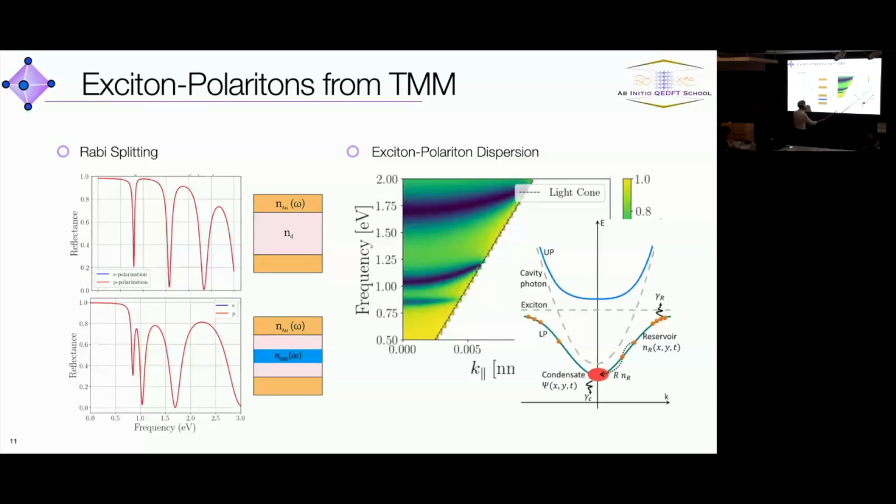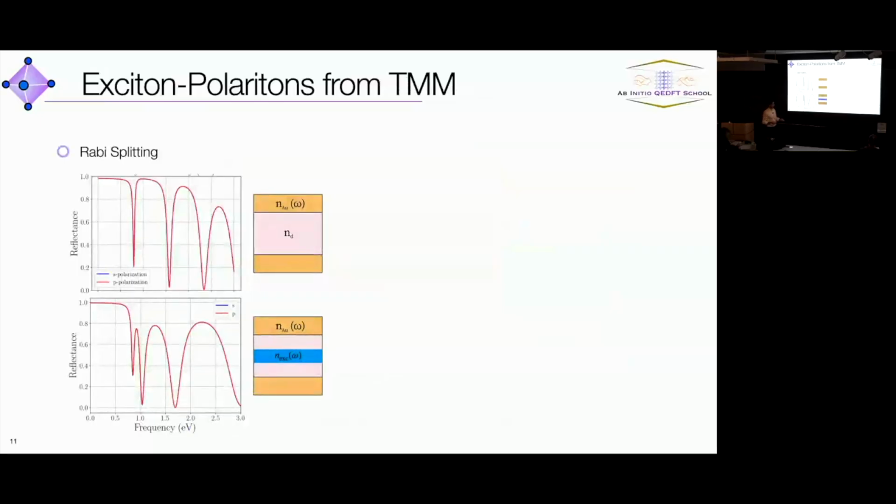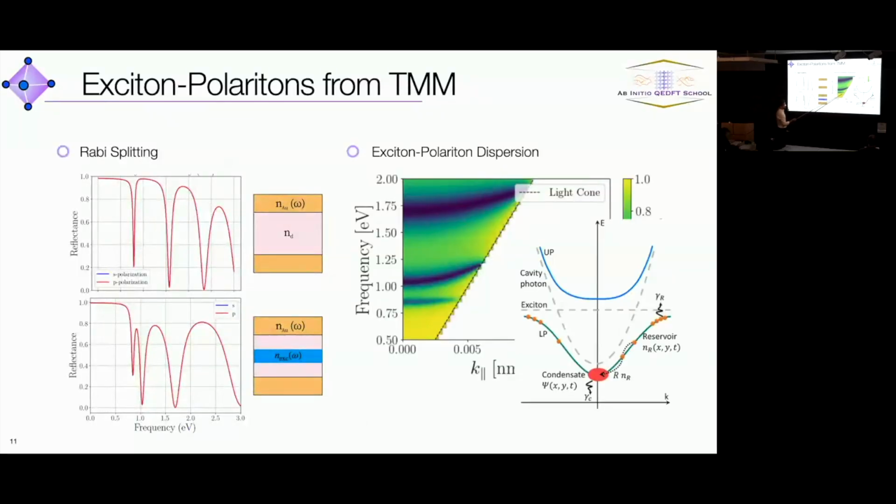So it's not a simple line, but a parabola. Then it will split into two branches, which will look like this. And there will be a lower polariton and an upper polariton. And this is the kind of exciton polaritons that you can see from many experiments on exciton polaritons. Okay, so this gives you, from classical arguments, the typical picture of two polaritonic branches.